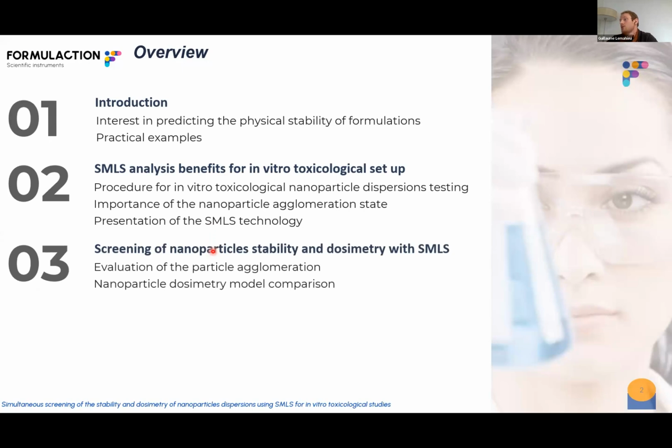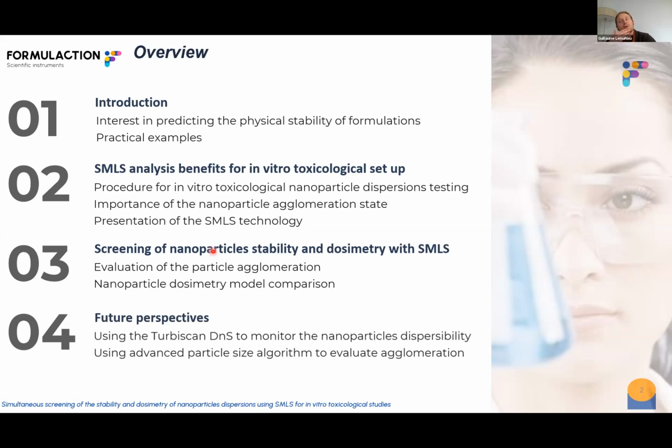After that, I will expose the results we had on the screening of the nanoparticle stability and also the dosimetry with these techniques. And finally, I will present some future perspectives that can be applied to this subject.